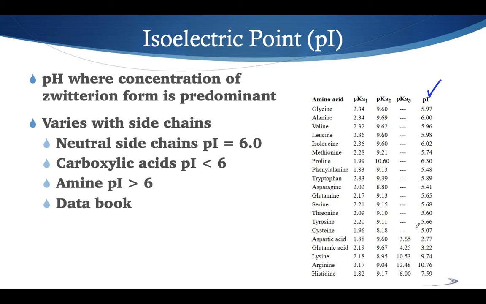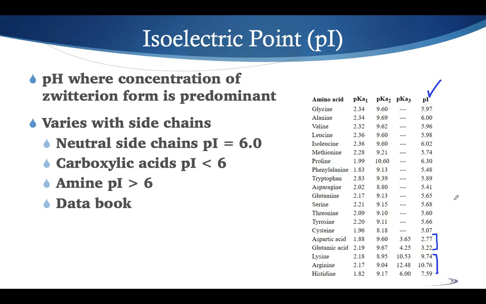When it starts to get significantly lower than 6, like these guys right there, they have an acidic pI, and down here these guys tend to have a basic pI. But most of them are somewhere between 5-ish and 6-ish.